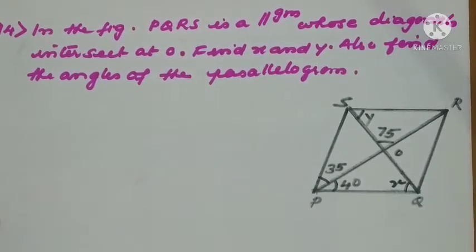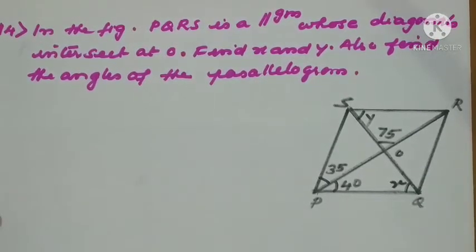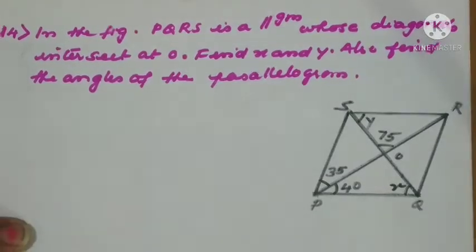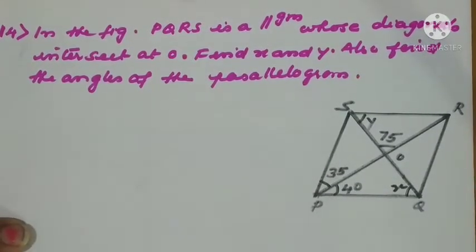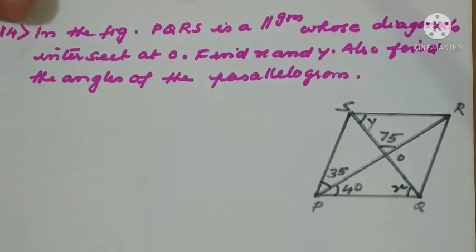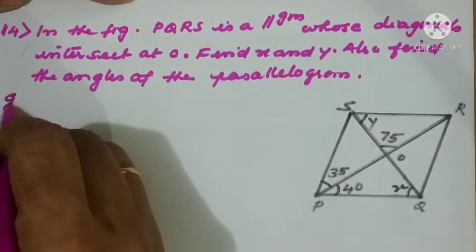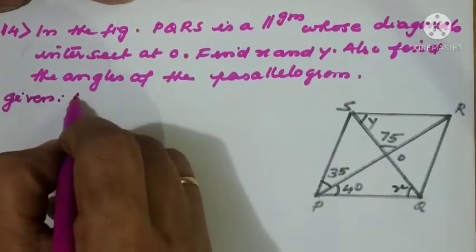Next question, the 14th one. In the figure, PQRS is a parallelogram whose diagonals intersect at O. Find X and Y. Also find the angles of the parallelogram. Since it is a 3-mark question, we should write all the steps correctly. Given PQRS is a parallelogram.